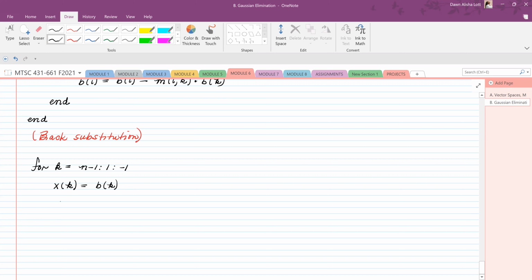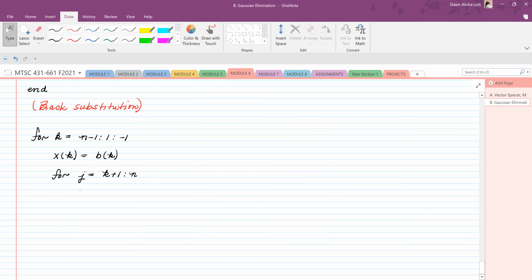And then for j equal to k plus 1 to n, I get x at k is going to equal x at k minus akj times x at j, that whole thing divided by akk.